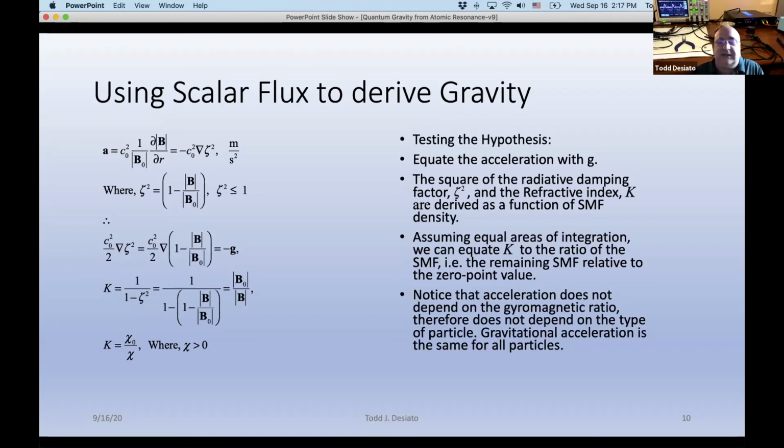So the Earth essentially is filtering out some of that field. It's absorbing it, or it's reducing the number of harmonics, reducing the flux. And in a sense, that is what changes this background scalar field in the presence of the Earth to generate a gravitational-like field.